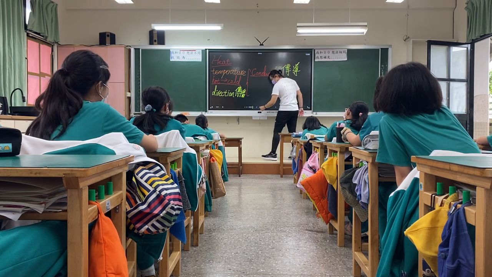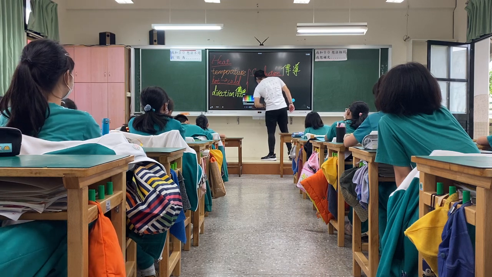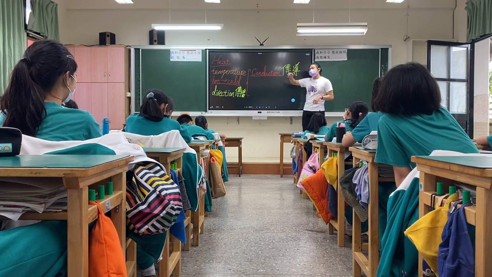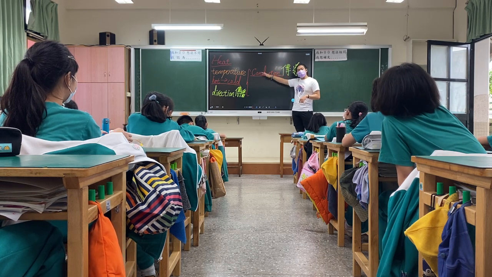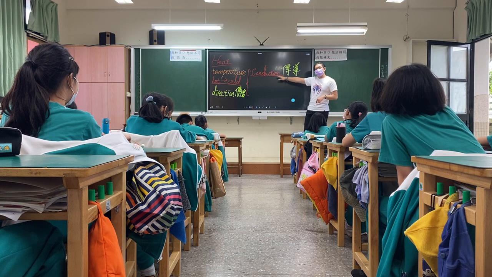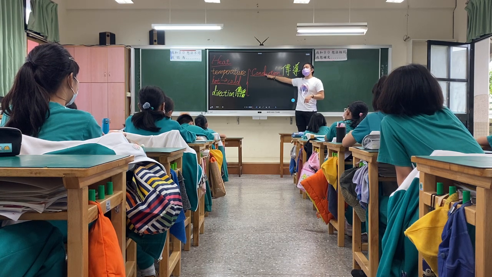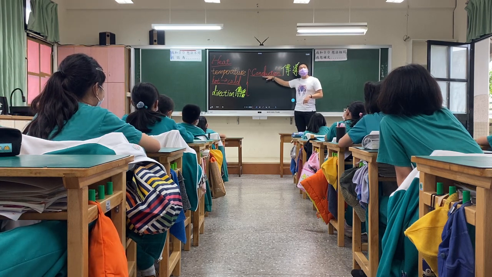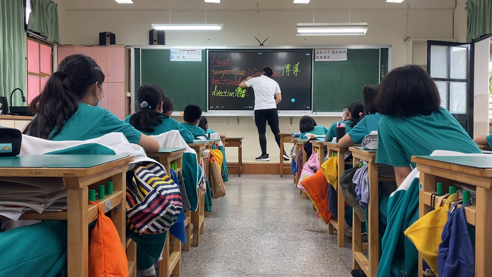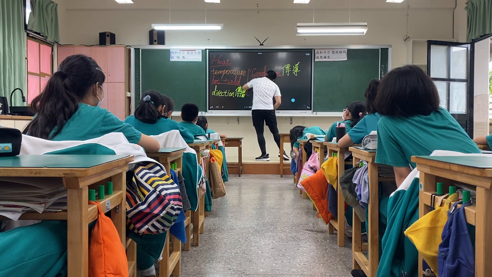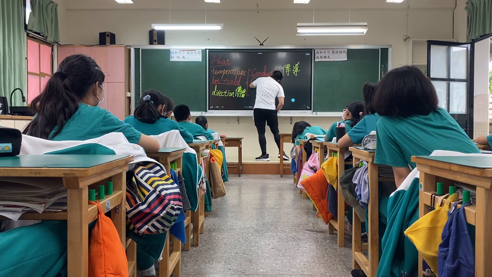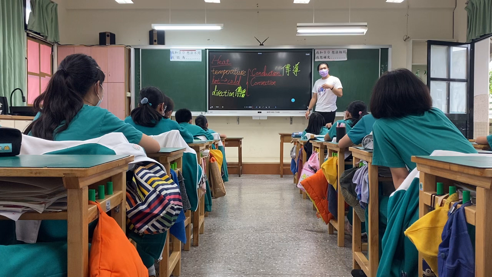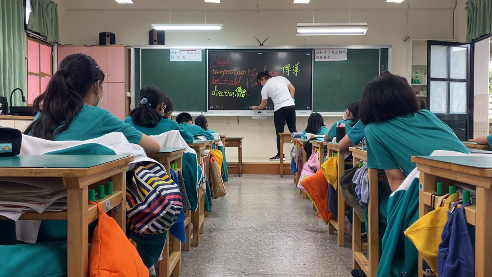There are three different ways. What is between conduction and radiation? Convection, all right? Let me write it down. Convection. And what does convection mean? 对流, very good. Thank you.